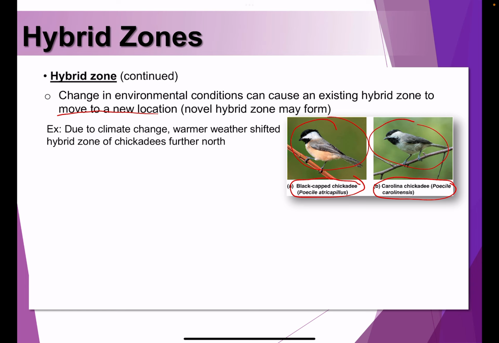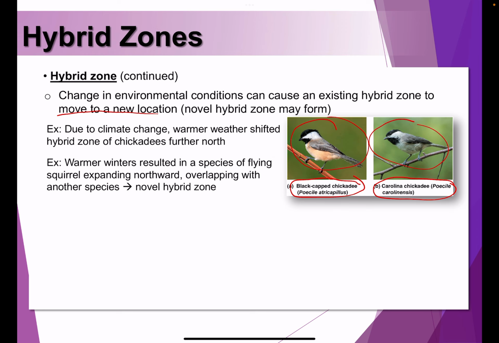So this shift is all due to, again, climate change as the birds look for cooler weather. So that's why they are moving further up north. Climate change has a lot of impact on the environment. Not only do we feel as human beings that temperatures are getting hotter, but it also affects hybrid zones and all the species that live in our environment today.